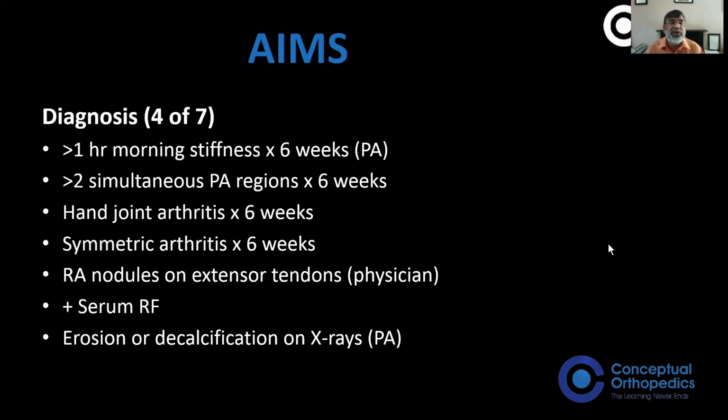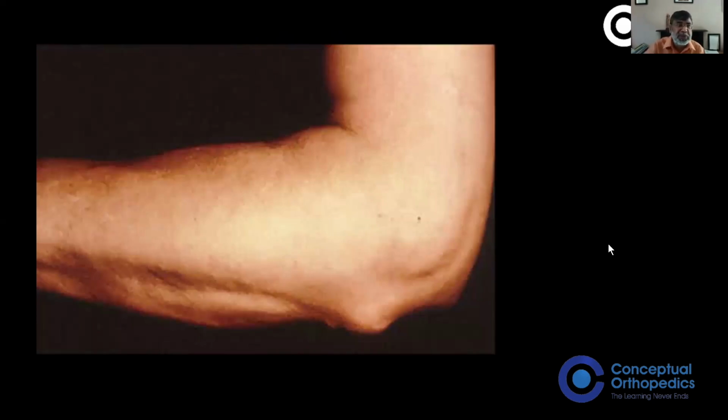And then once you have got these 3 points from examination, you do some investigation. So if your classical X-ray shows osteopenia with erosion, and then one blood test, rheumatoid factor, you have almost made a diagnosis. Sometimes a rheumatoid nodule, if you see it on the extensor aspect, something like this.